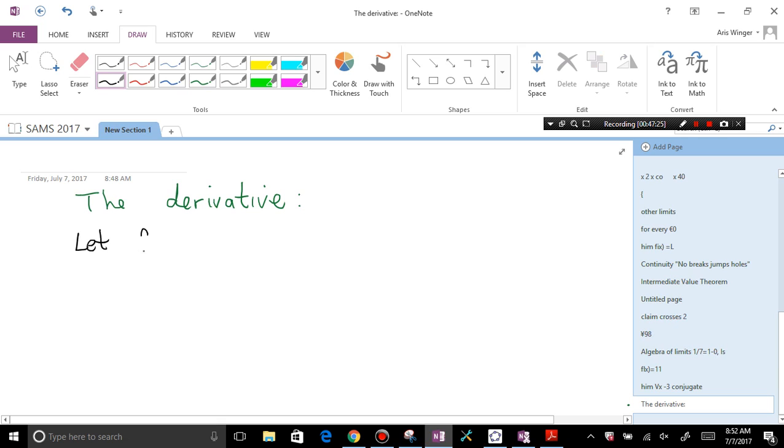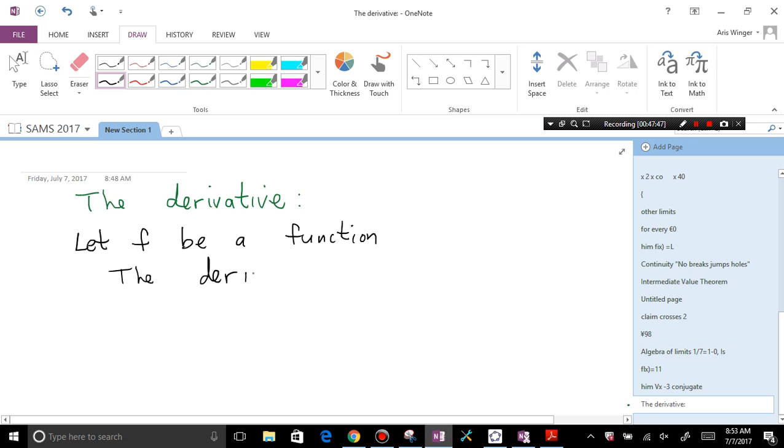Let f be a function. I might give two formulations of this.